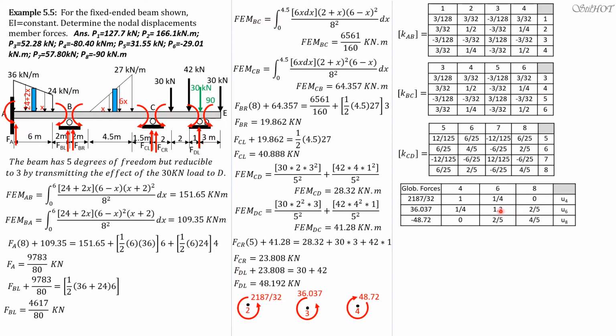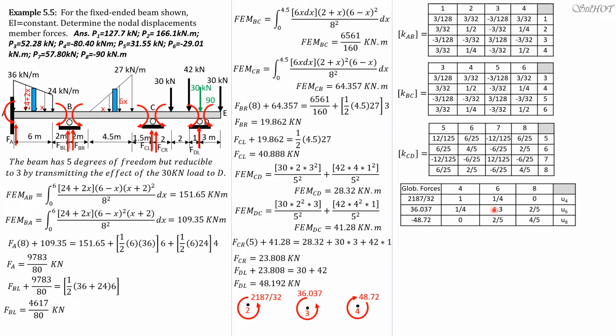We only have 1, so 1 fourth. So 6, 4 is also 1 fourth. Then we have 4, 8. 4, 8 is, when the distance is 4 or greater than 4, it's 0, because 8 minus 4 is 4. There's no adjacent nodes for that case. So 0, 8, 4 is also 0.